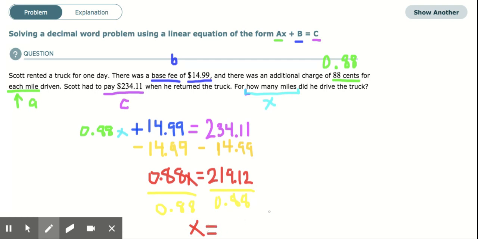And if you don't get a whole number, you might want to check your arithmetic and make sure that you did it right. So this is 219.12 divided by 0.88. And you get a whole number, 249. So if x is 249, what does that mean in this context? It means that this person drove the truck 249 miles, because x stands for miles.